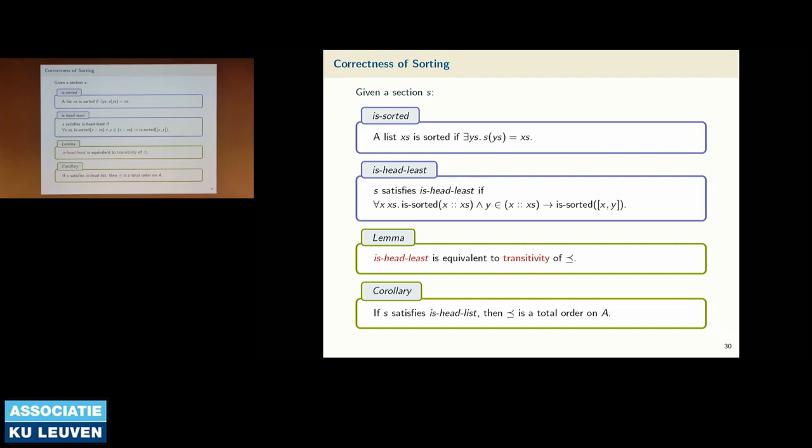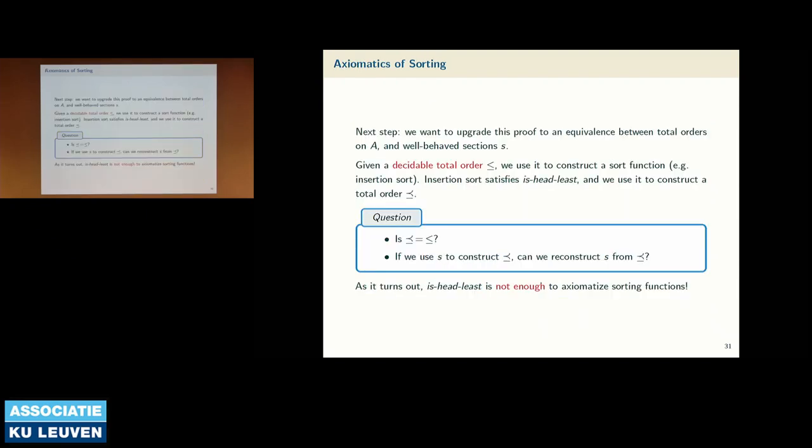And we give our first axiom of sorting, which is the head axiom: say we have a list x cons xs, if x cons xs is sorted, then for any element y in this sorted list, x, y should be sorted. Basically we prove that if a section satisfies this property, then the relation that we constructed satisfies transitivity, and therefore it would be a total order.